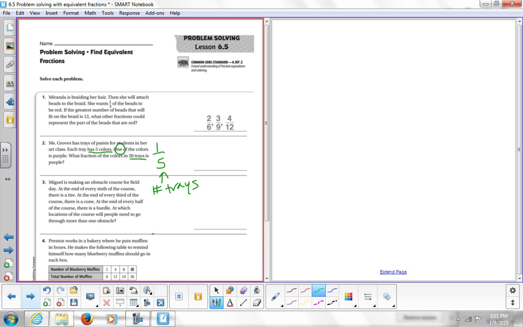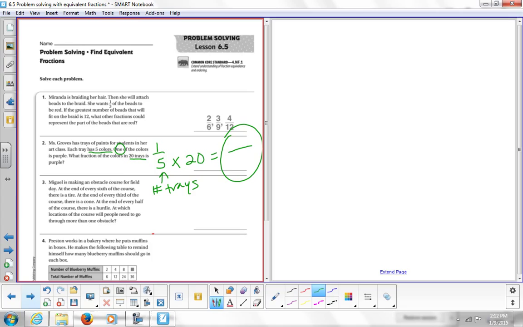So if I have 5 trays to start off with, I'm going to multiply them by 20, and then I'm going to get a fraction here. What I want you to do is use this information. So I have 1/5, and I've got to multiply it by 20 to get to a fraction here. Don't forget what I do to the bottom, and that's all I'm going to tell you. So get me this fraction. That's the part of your homework you need to figure out.